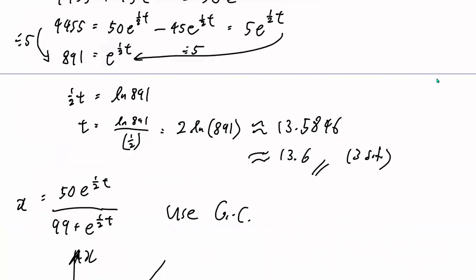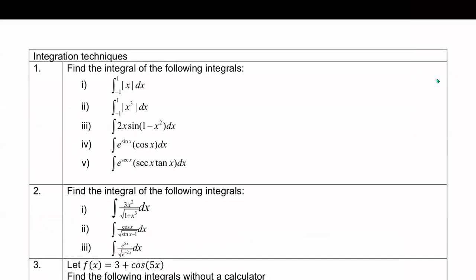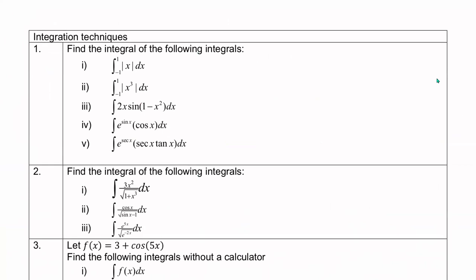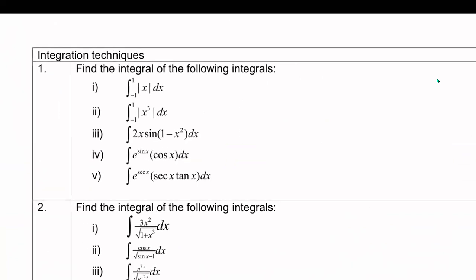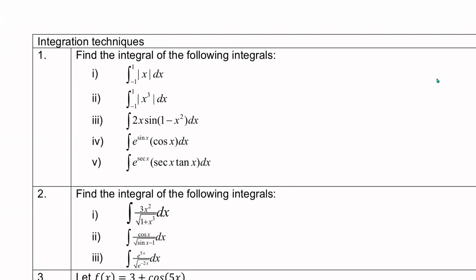Okay, moving on. How about part 4? I went through that already, right? How about part 5? What's the derivative of secant x? Have you taken a look at the MF26?